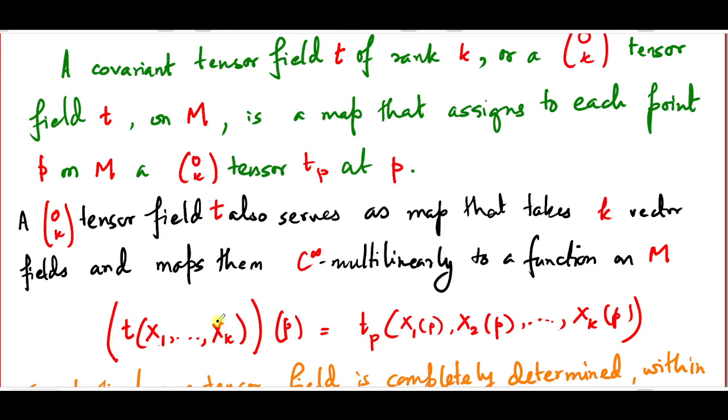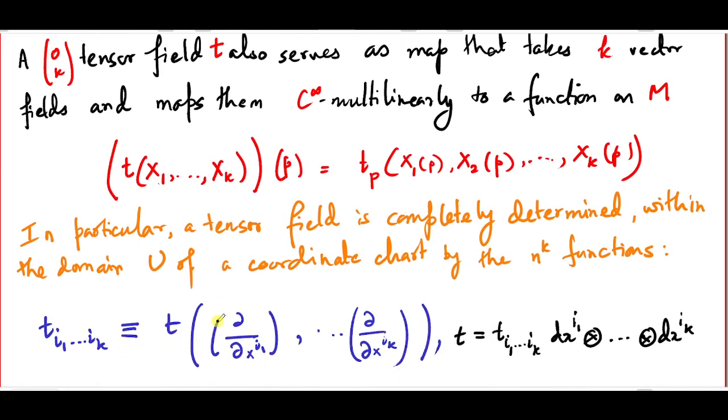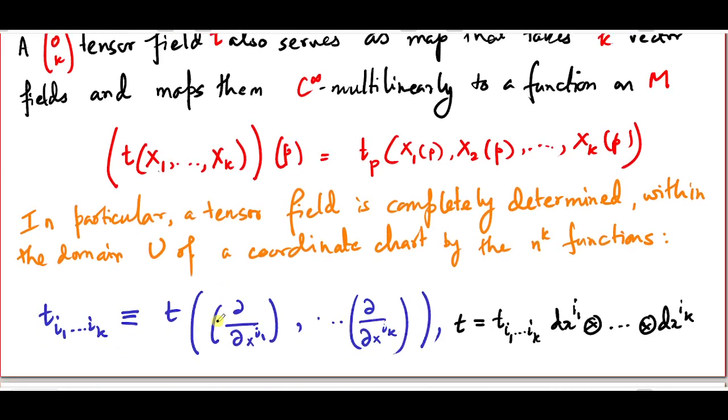Now, using these definitions, we had actually derived several results and also talked about different operations that you could do on covariant tensors. One important result that I'm going to quote now is that once you are given a coordinate patch U, phi with coordinate functions x1, x2 up to xn, a tensor field is completely determined within the domain U of the coordinate chart by the following n to the power k functions.